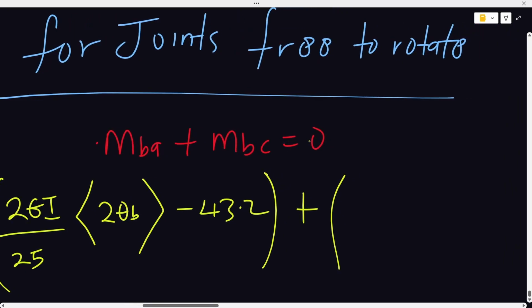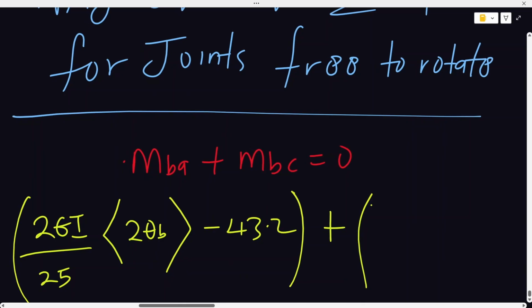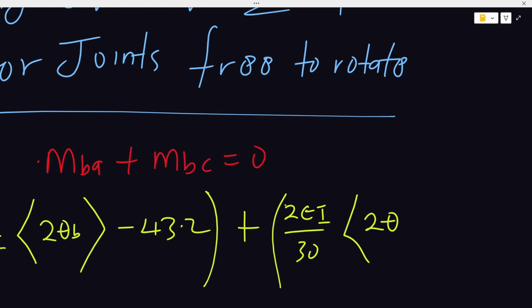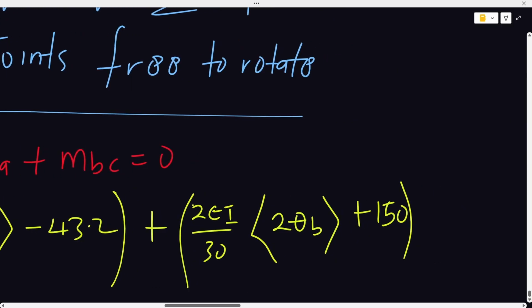Now MBC, 2EI over 30 times 2 theta B, theta C was 0, so plus 150 equals 0.